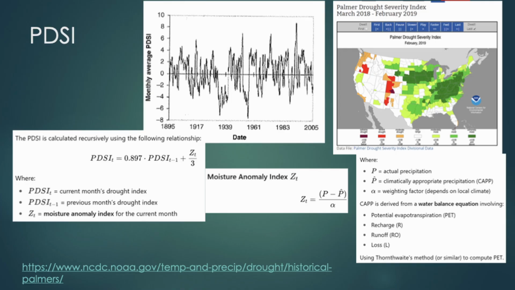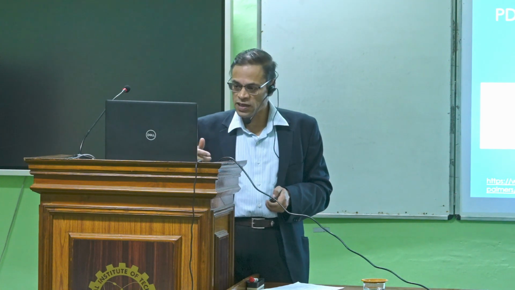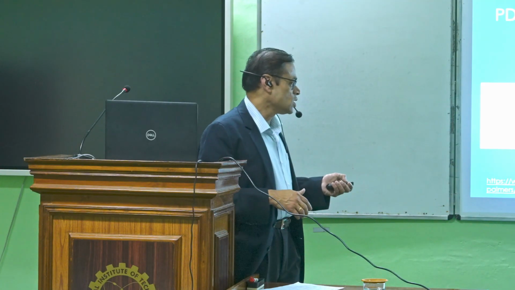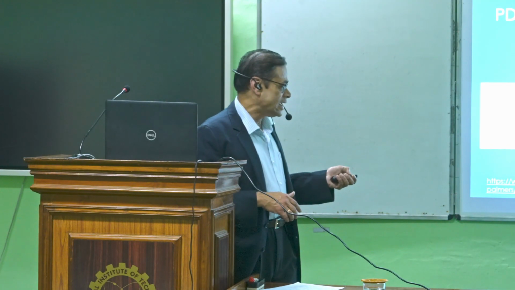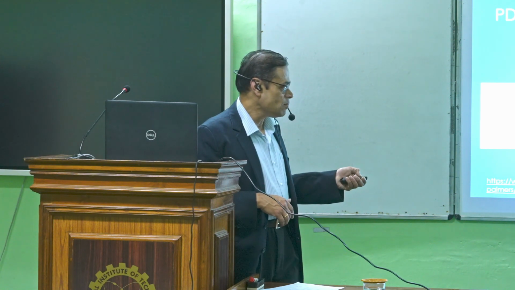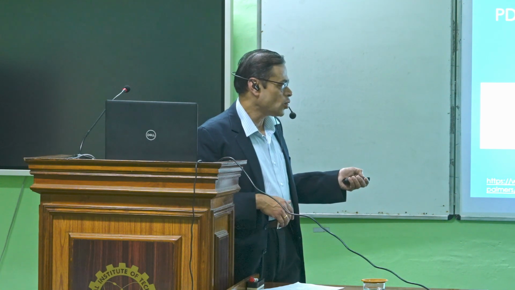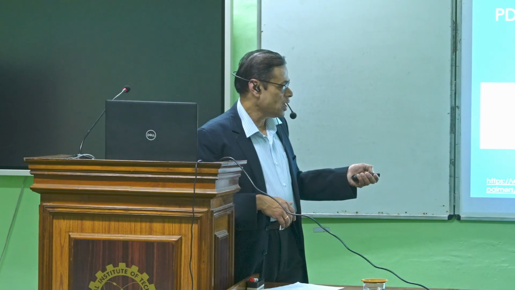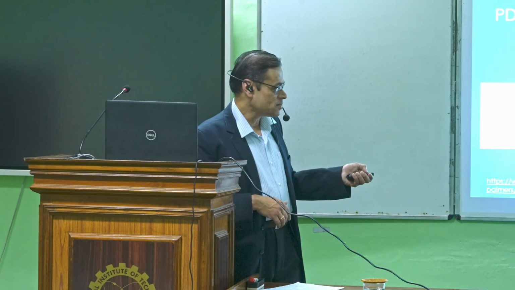PDSI, I talked about PDSI. I think it's an important variable to understand. PDSI is calculated based on soil moisture, or what they call the moisture anomaly index. This is the important function here, P minus P-hat over alpha. This P-hat is climatologically appropriate precipitation, CAPP.